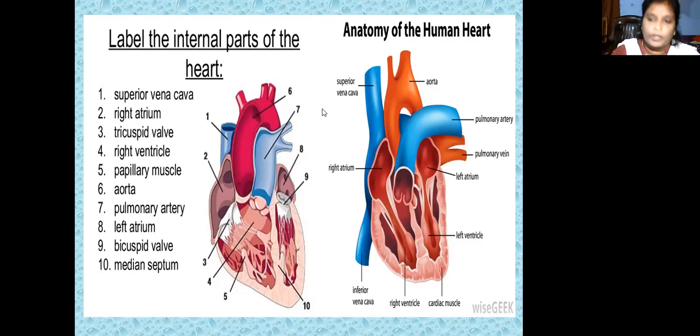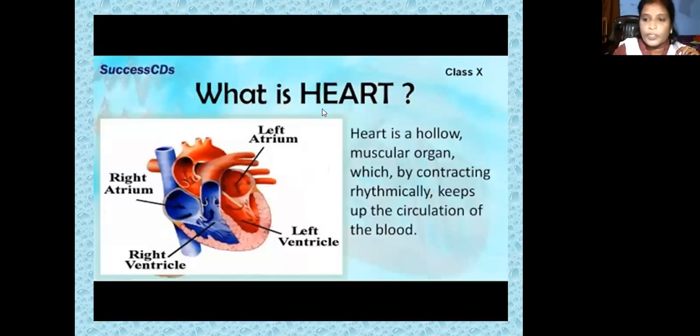Okay, ma'am. I'm going to explain what the heart is. You see, the heart is a hollow muscular organ. Hollow means empty space inside the body, but holes are there.